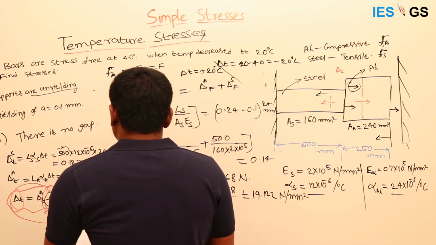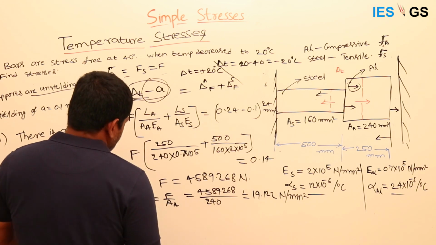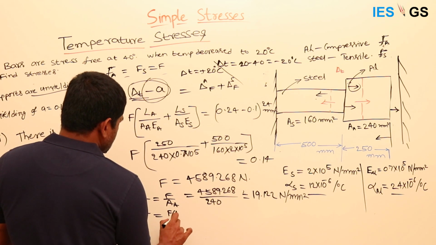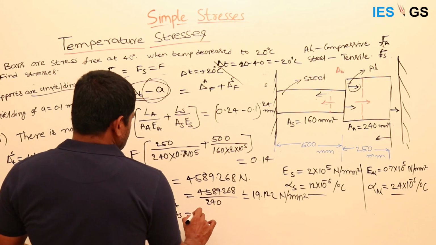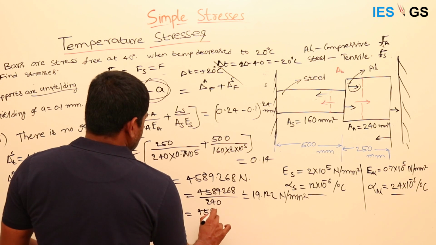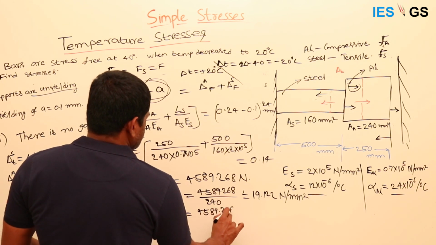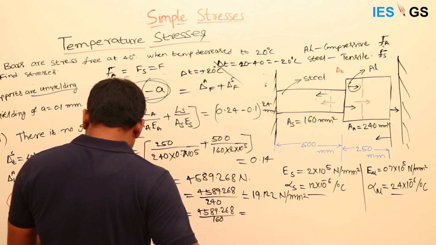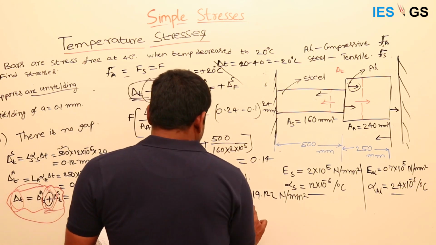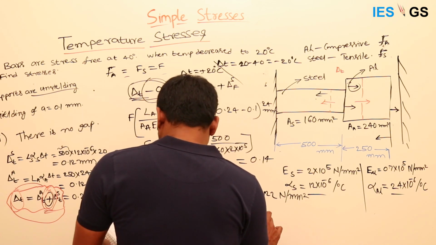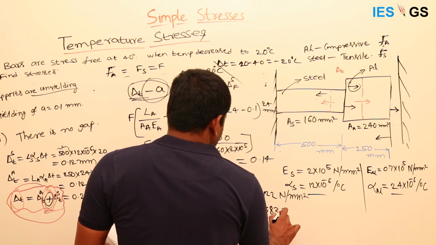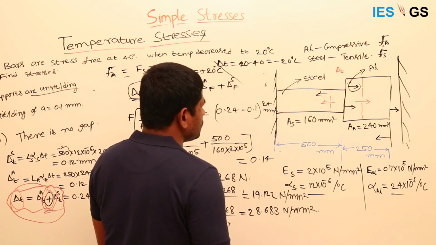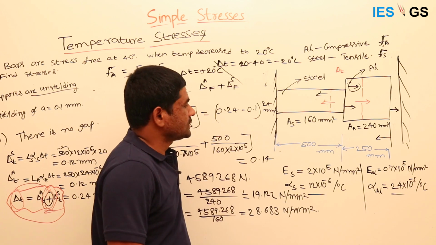In the same way, sigma of steel equal to F divided by A S, that is 4589.268 divided by 160, and its value is 28.683 Newton per mm square. So we need to find the temperature stresses like this.